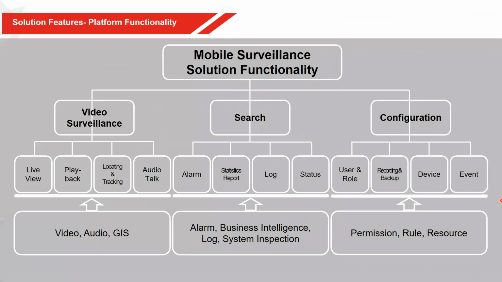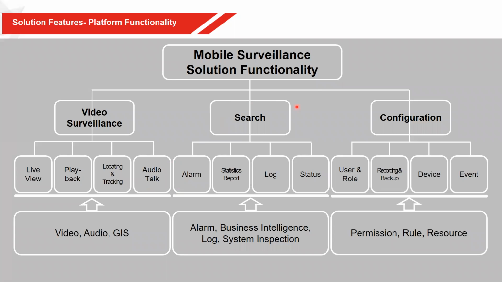Then on our solution application, starting with our mobile solution, we break this down into different areas. We look at video surveillance, which is broken down further into our live view, playback, which is our video recording, our GPS functionality, and our two-way audio communication as well.